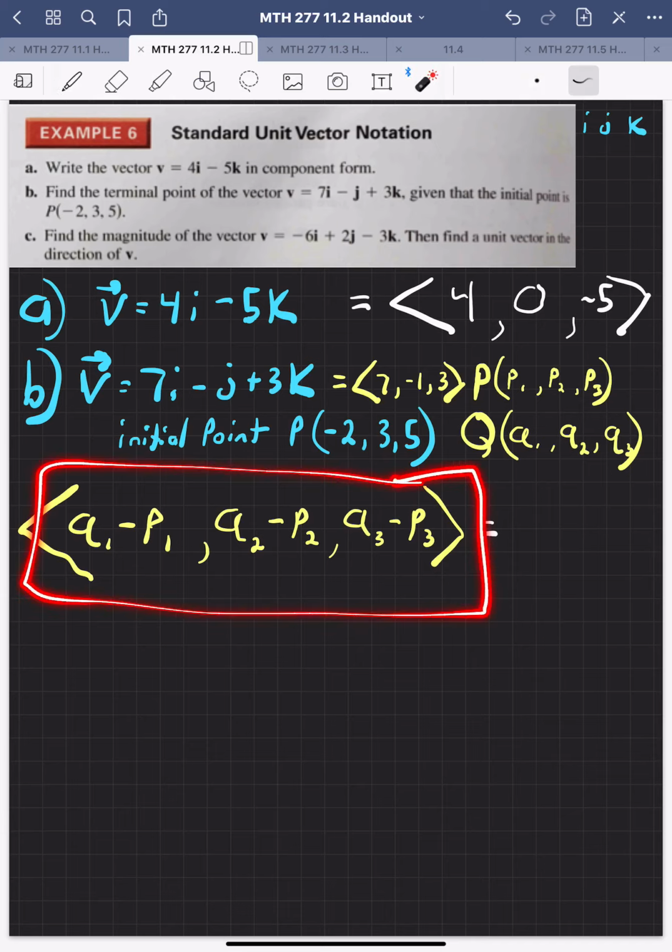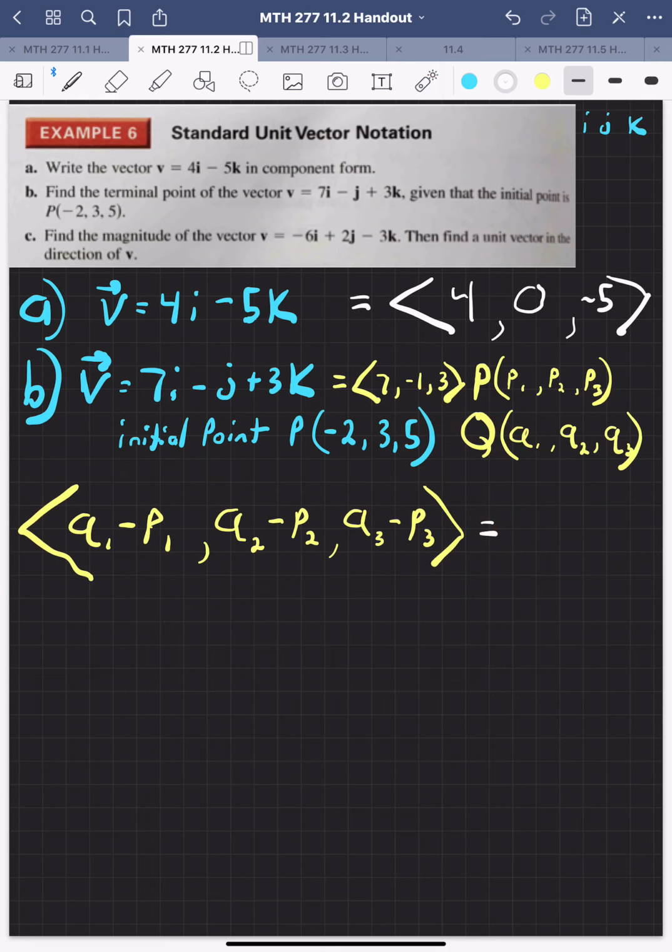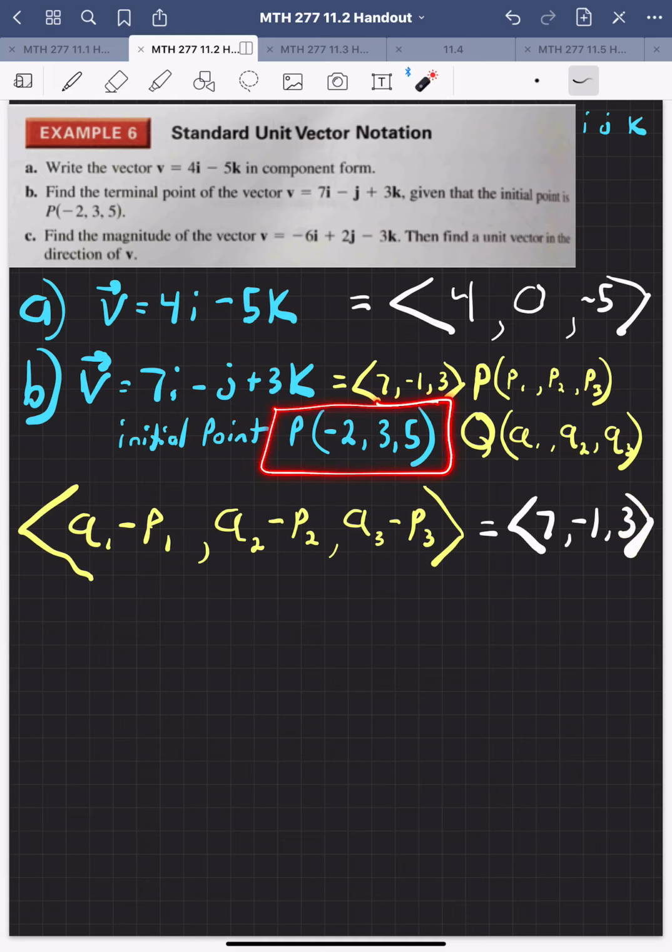If I had this information, terminal, initial, I know what should go here, and that should be this vector V. So I know that it's going to be equal to 7, -1, 3. And now, don't you agree with me that I also know point P? So I'm going to plug in the -2, the 3, the 5. And then I'm going to solve for the others.